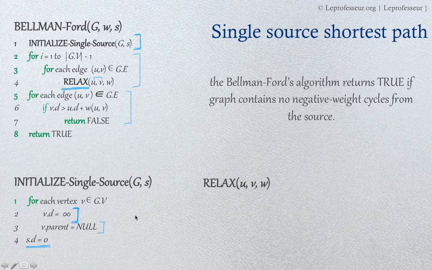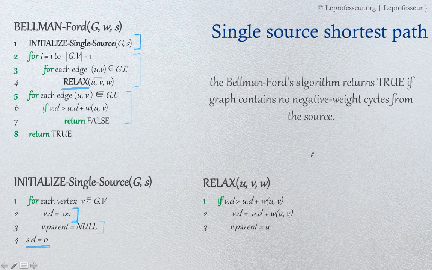And what the relaxation step says is that for each edge, it relaxes the edge, or as we discussed earlier, tries to find some alternative route which has lower cost.